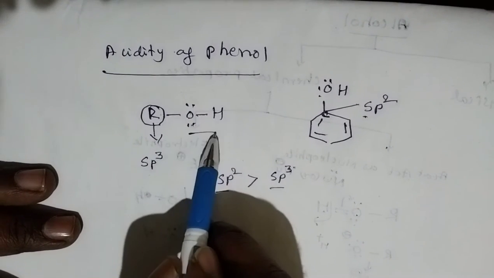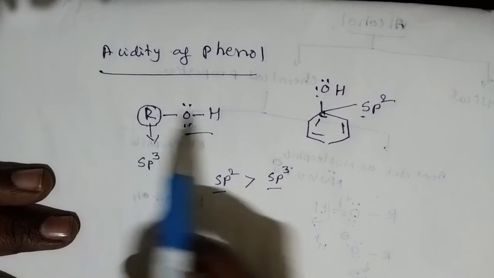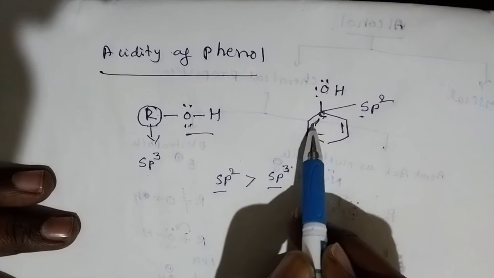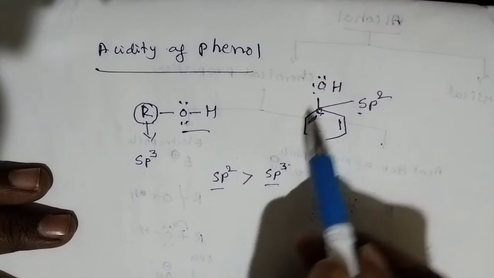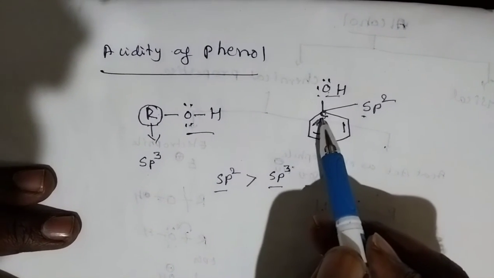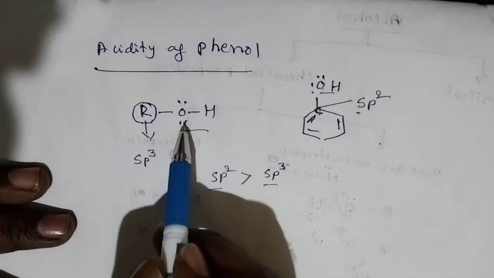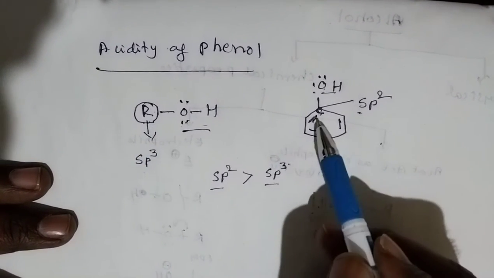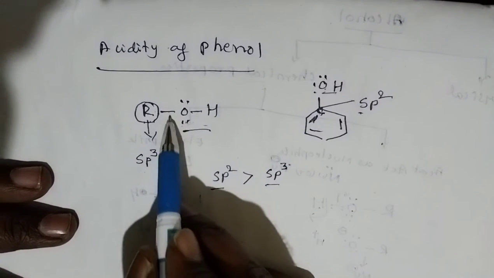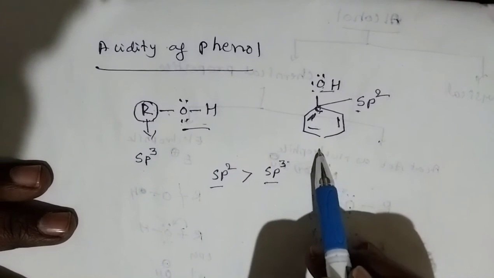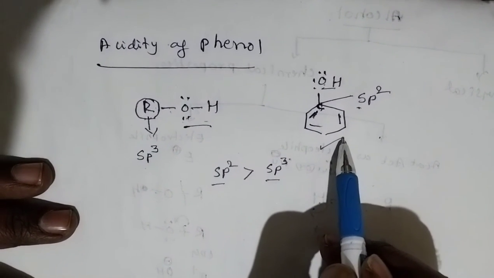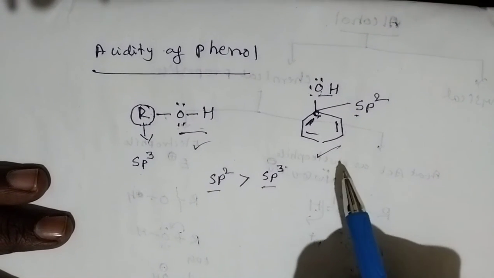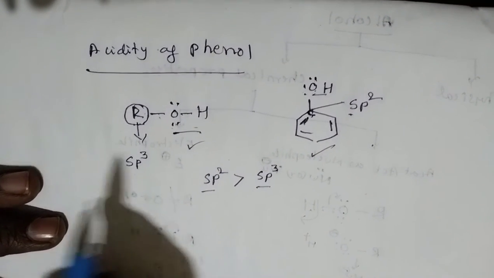So here the OH group is attached to a carbon which carries a double bond, whereas here the OH group is attached to a carbon which carries a single bond. Double bond is more acidic than single bond. That's why phenols have a more acidic property than alcohols. Phenols are more acidic than alcohol.